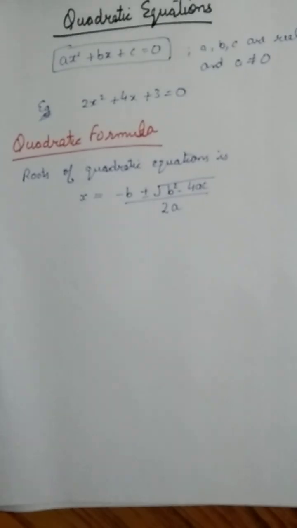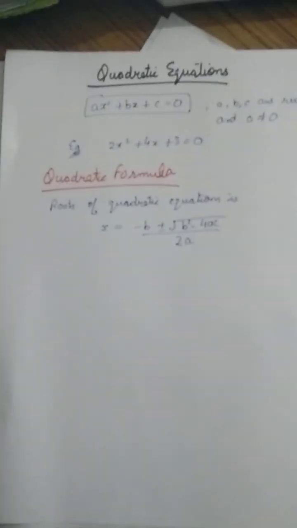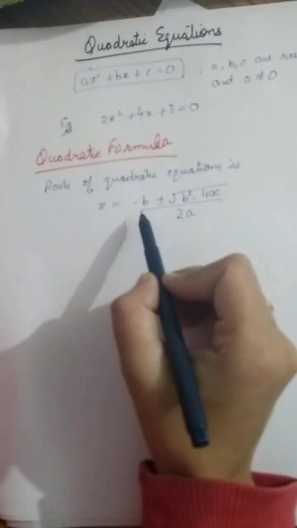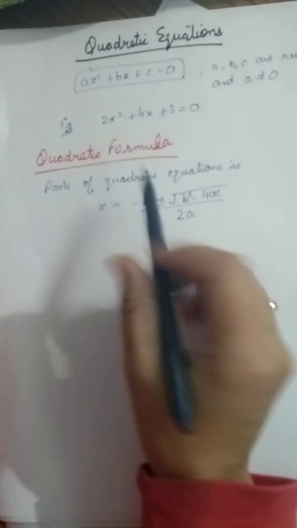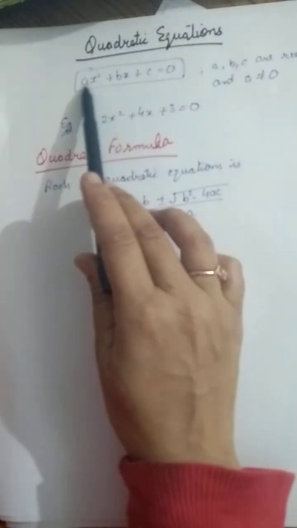So these are the roots of the quadratic equation. Okay, so what is b here? b is the coefficient of x, a is the coefficient of x square, and c is the constant term.